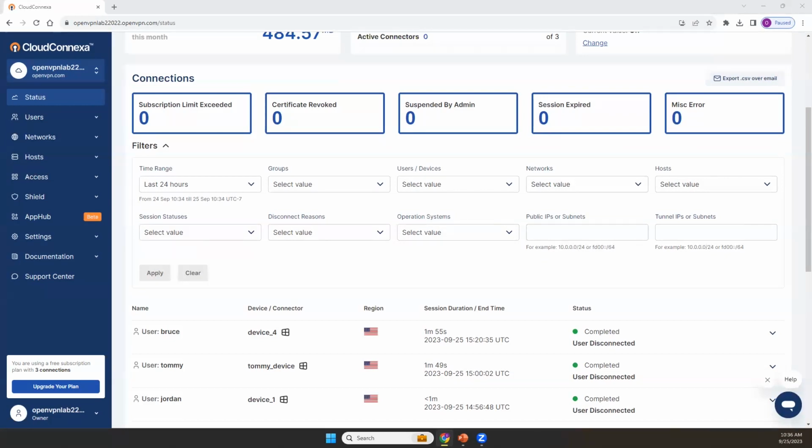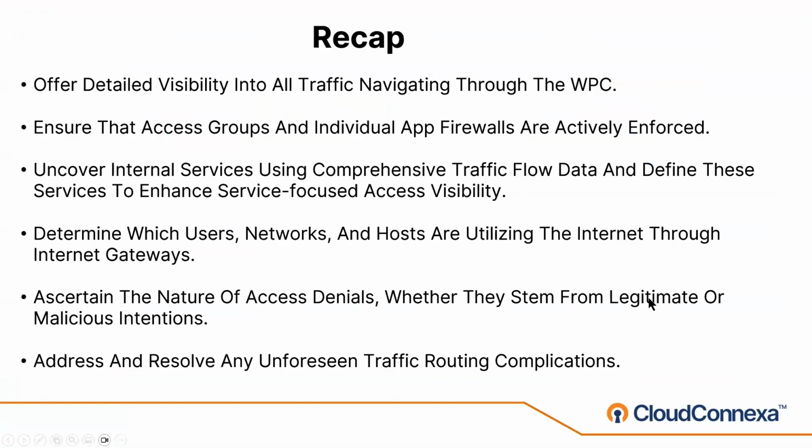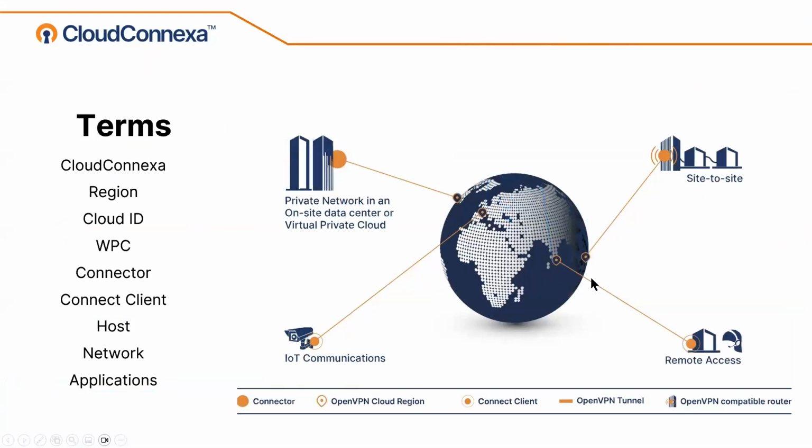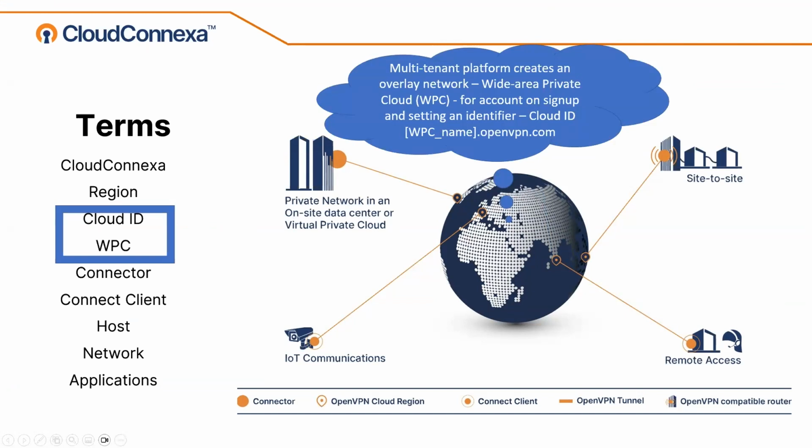So WPC, you can think of it as your overlay private network. That's the network that gets dedicated to you, to your use, and it's identified by the cloud ID or WPC name. As soon as you sign up, this overlay network gets created for you. And then you connect networks, applications, and users to that overlay network by using connectors.